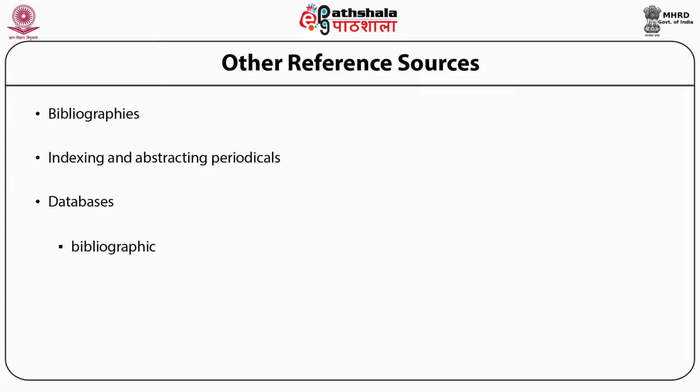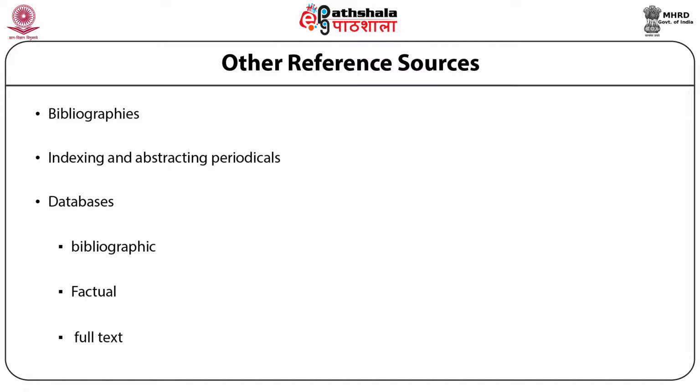Databases are organized collections of data that are stored in machine-readable form and can be easily accessed, modified, and updated. Bibliographic databases provide bibliographical details of published literature like journal articles, conference papers, books, reports, etc. A factual database provides complete facts and data on a specific subject.